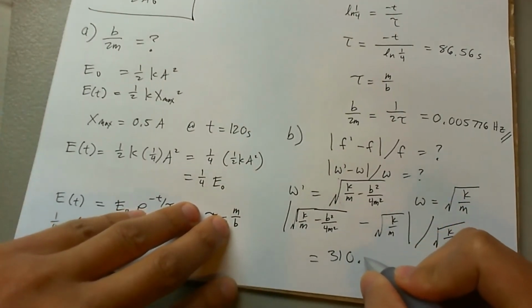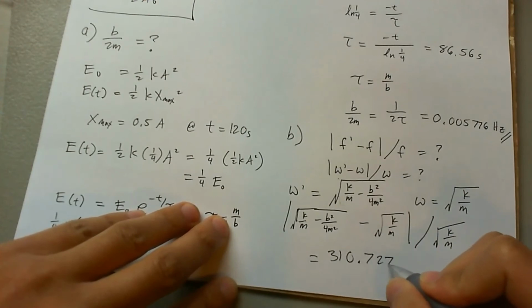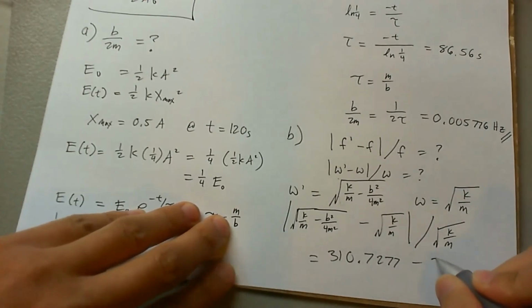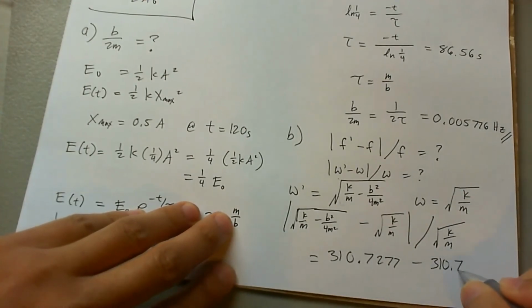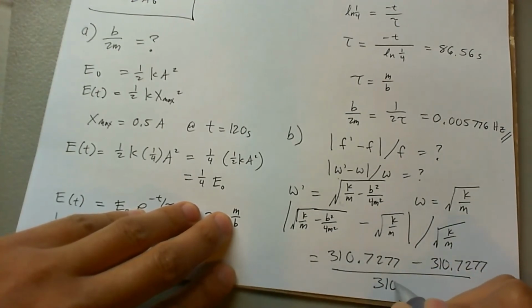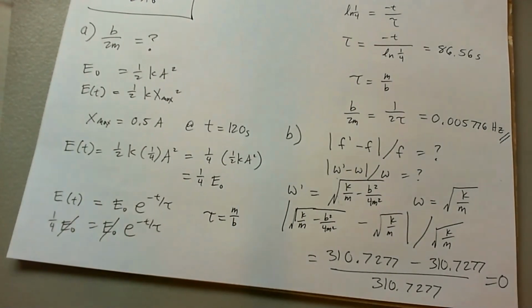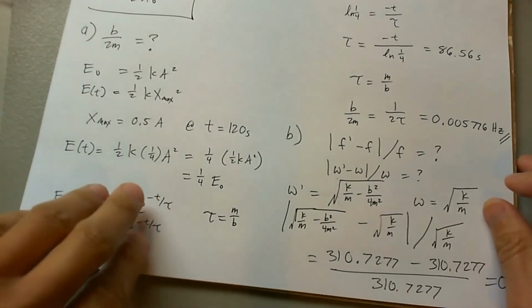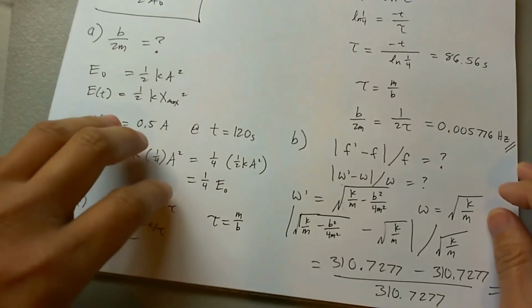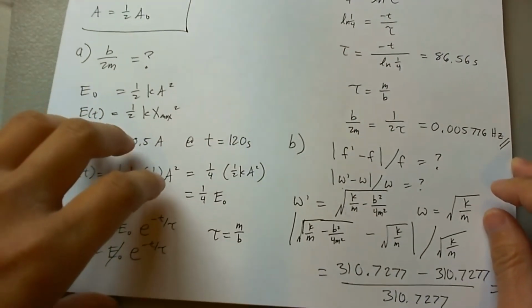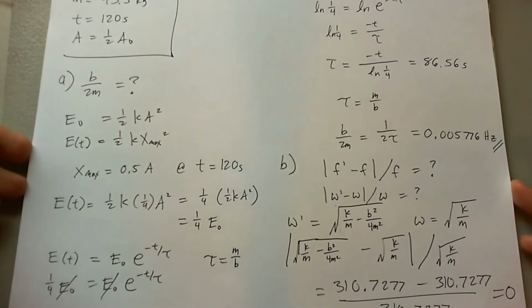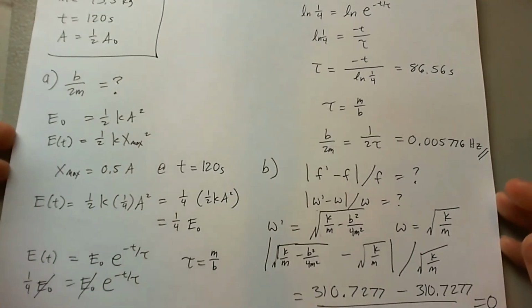It's 310.7277 minus basically the same number, divided by the same number. Not surprisingly, this will equal 0. So the answer to this riddle is that the frequency variation between damped and undamped oscillators is basically negligible. So we'll say that's 0.